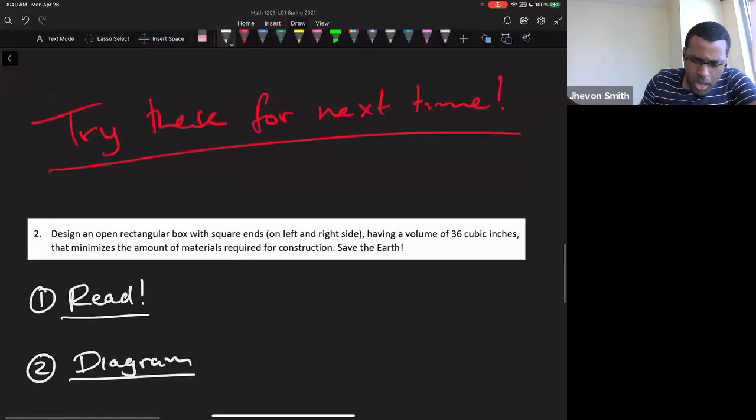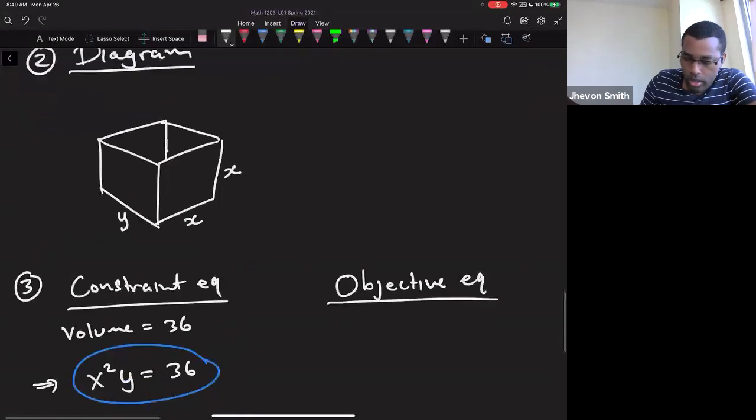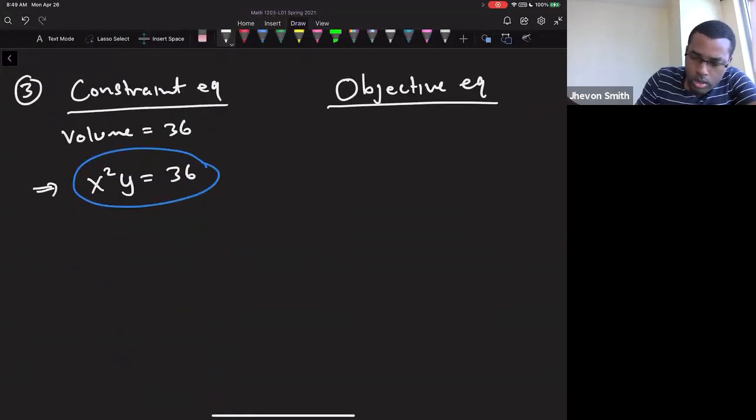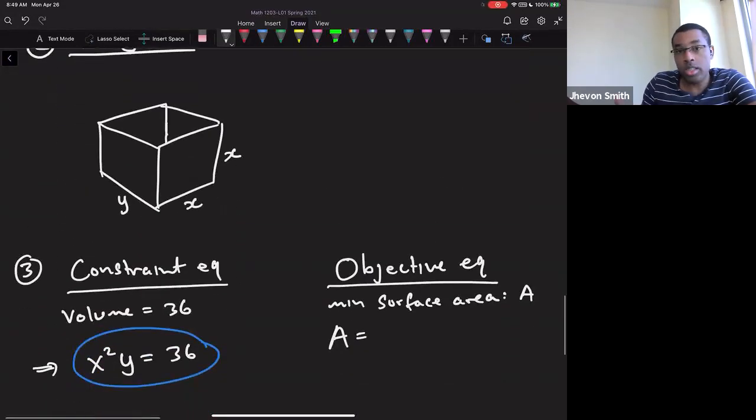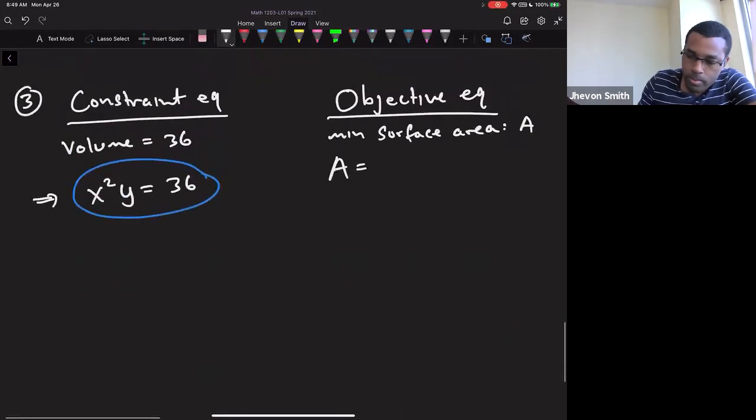Objective, what do we want to do? Minimize the amount of material used. Okay, so we want min surface area. Let's call this A. So we know that A is the surface area. So we have to do like left. So the surface area, we're going to do it by taking the area of each side.